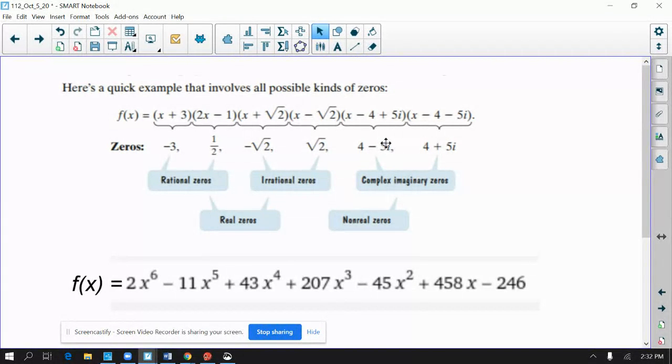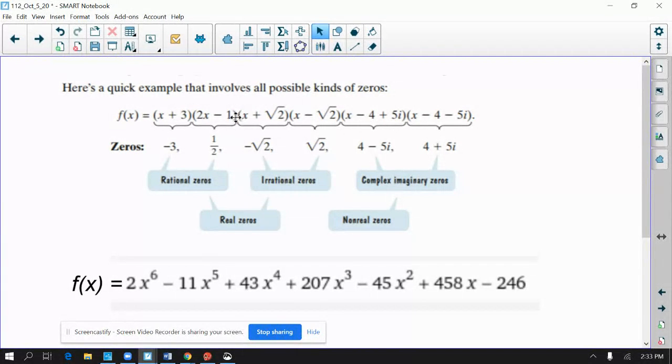And here are 2 imaginary numbers. These are also conjugates. You've got a -5i and then positive 5i. So the negative and the positive cancel out when you multiply them. And if you have conjugates of imaginary numbers, then all your coefficients are real. So if you multiply, there are 6 factors here.